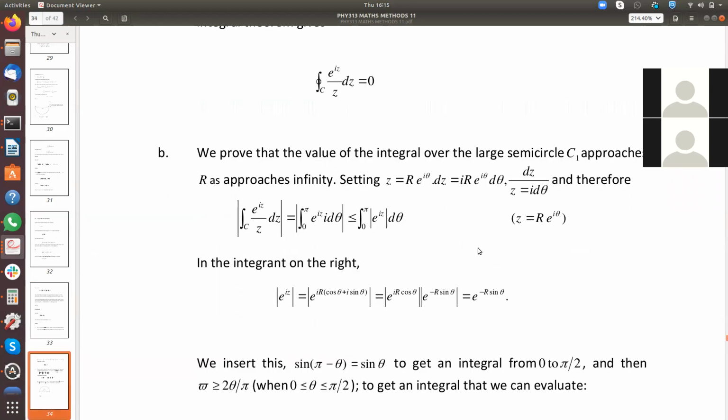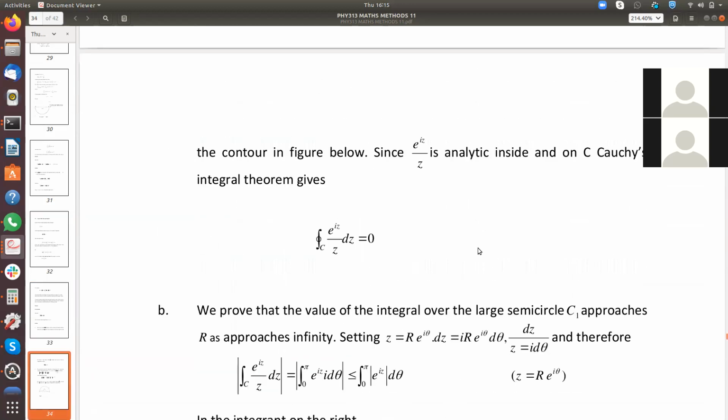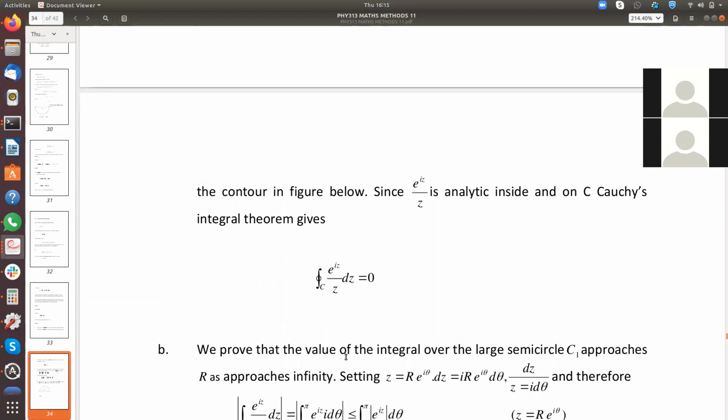So if you apply that on the problem, we have this. We prove that the value of the integral over the large semicircle C1 approaches 0 as R approaches infinity.